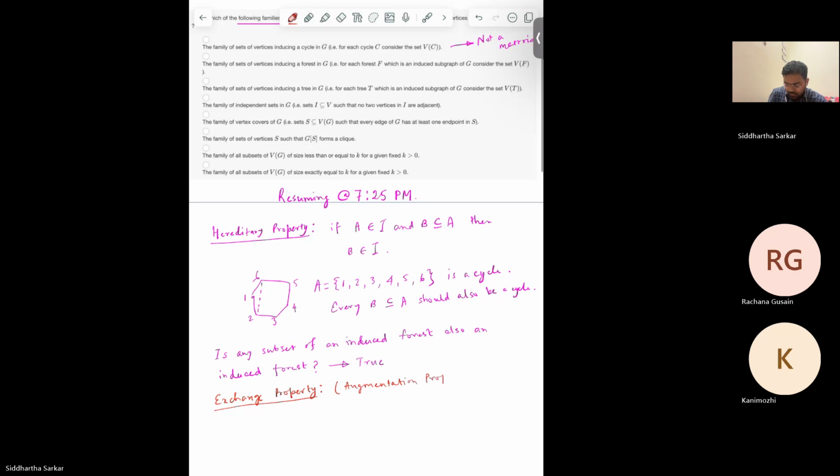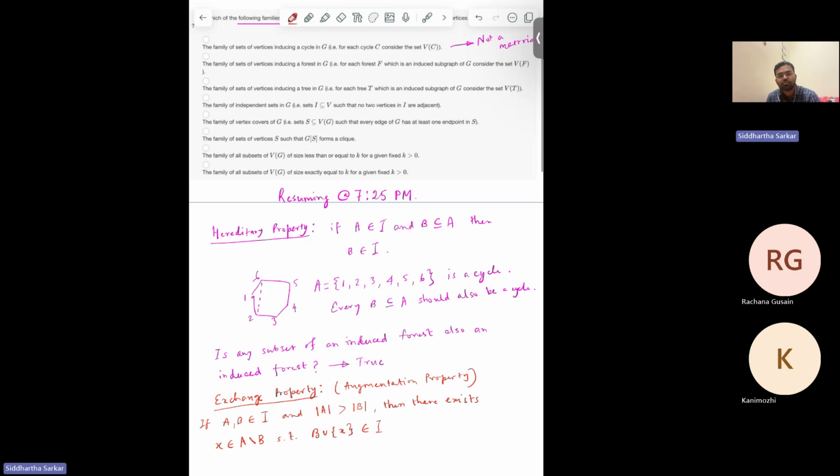It says that if A and B are two independent sets in a matroid and there are more elements in A than in B, then there exists an element X in A which is not in B, such that if you add X to B, that also forms an independent set.